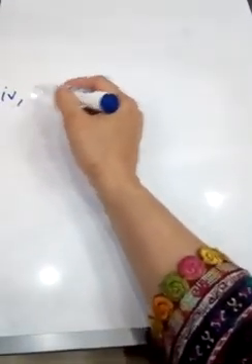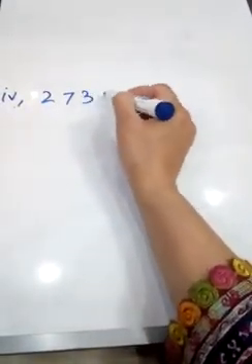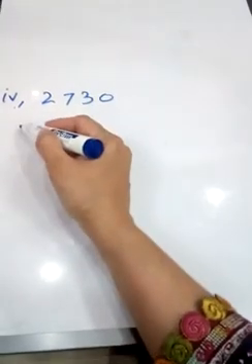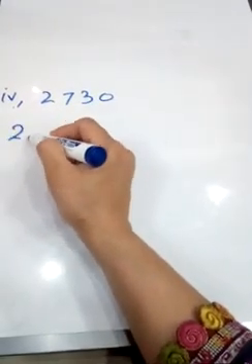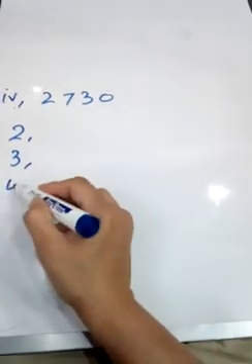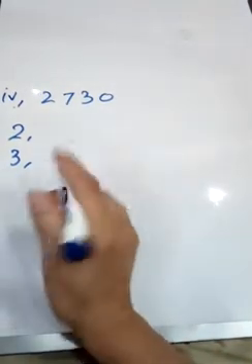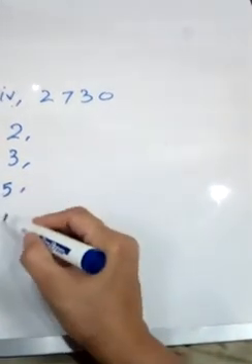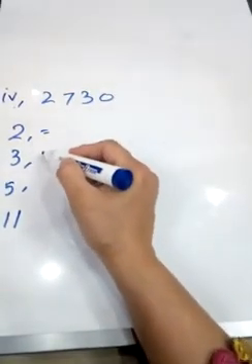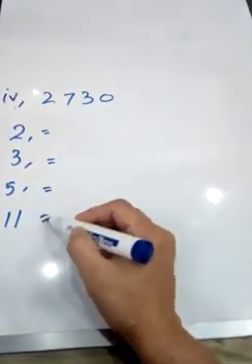Part 4 is 2730, and we have to test the divisibility rules for 2, 3, 5 or 11. Divisibility test of 2, then 3, then 5 and then 11.